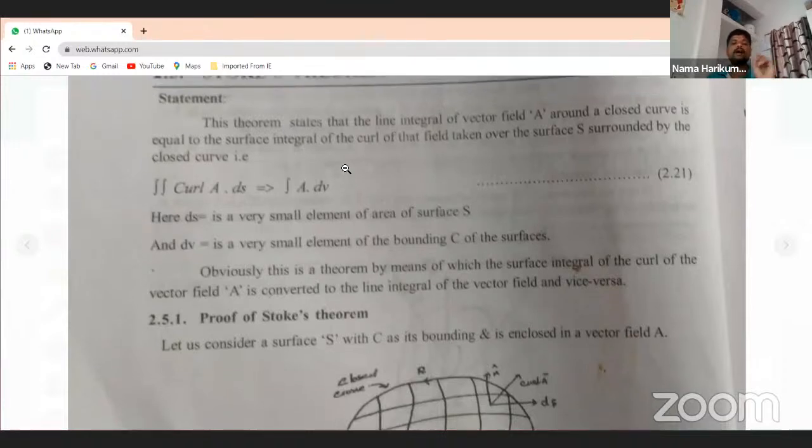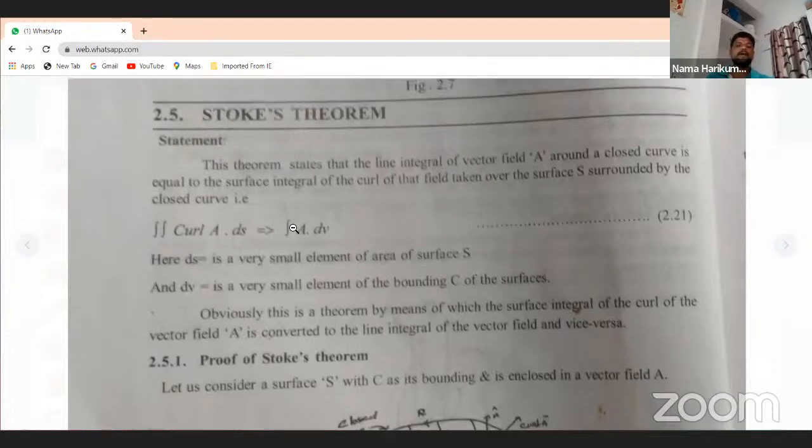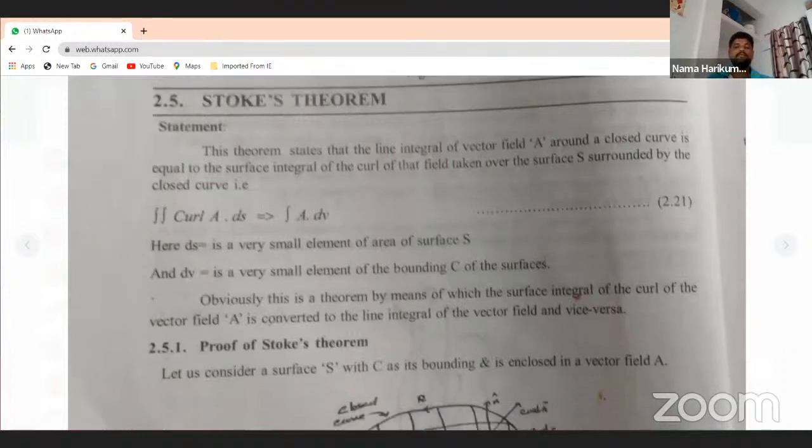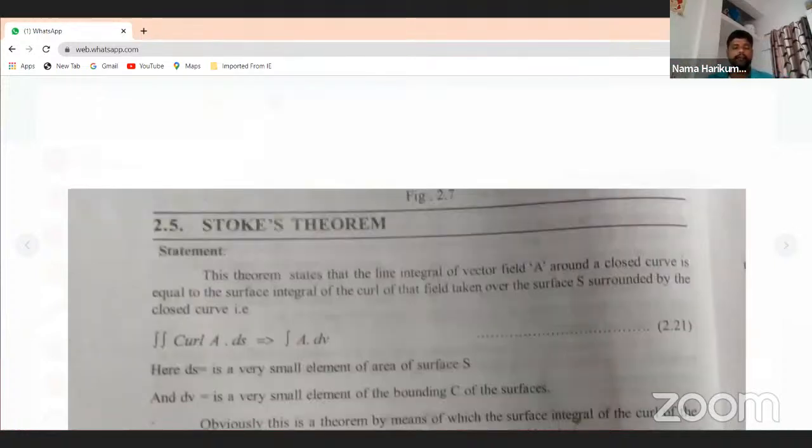So the line integral, the integration of A dot dl, we have to modify to surface integral, that is double integration of A dot ds. In this modification we just have to write the curl. So there is double integration of curl A dot ds, which is equal to the integration of A dot dl.